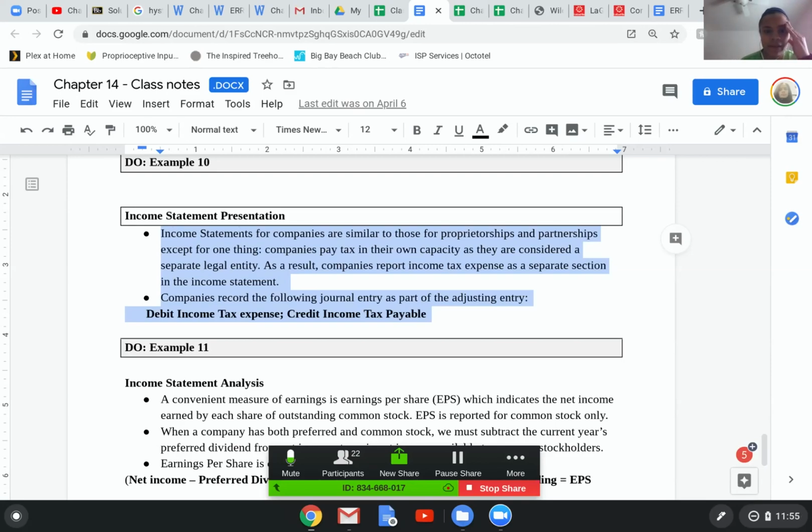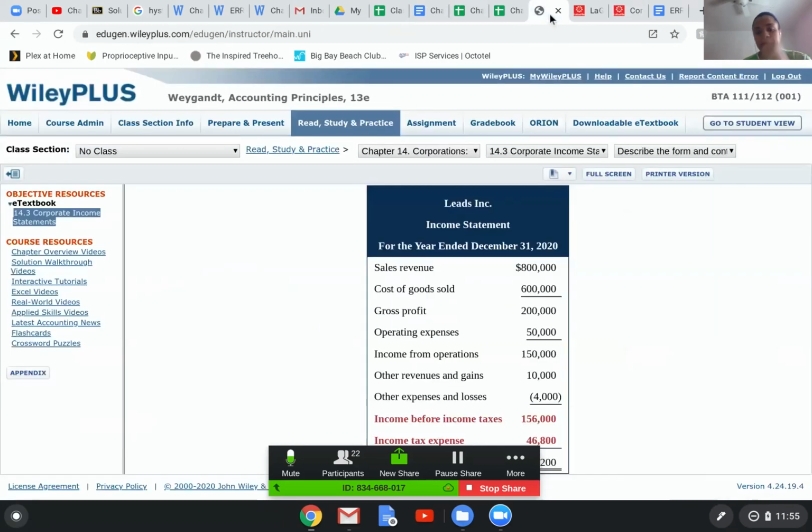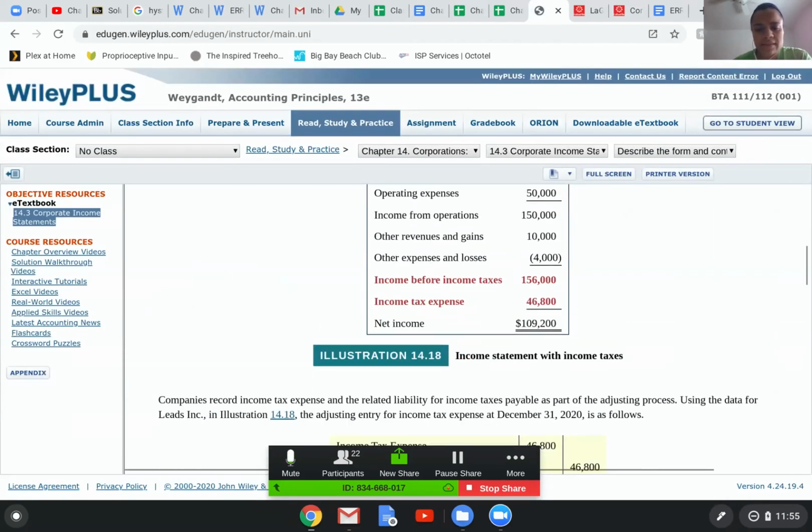So income statements for companies are similar to those for proprietorships and partnerships, except for one thing: companies pay tax in their own capacity as a legal entity. As a result, companies have an income tax expense that's separate in the income statement. And when they do record income tax, they will have a journal entry which debits income tax expense and credits income tax payable.